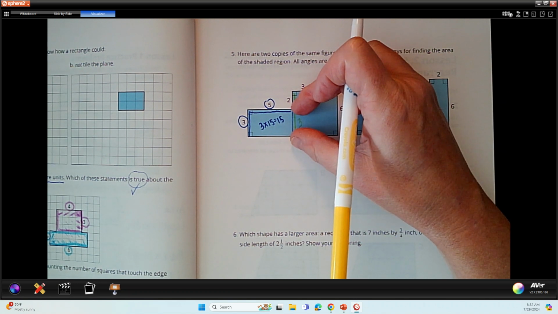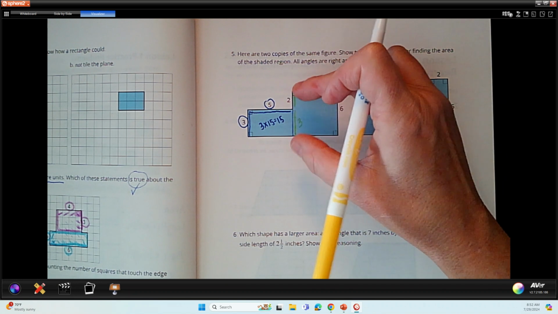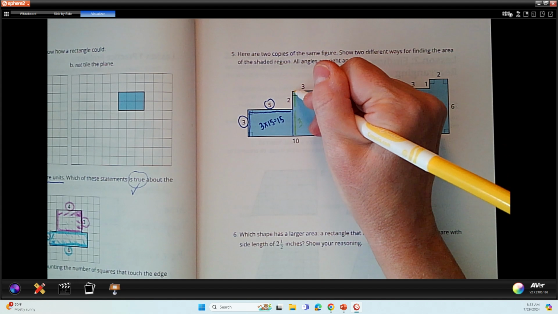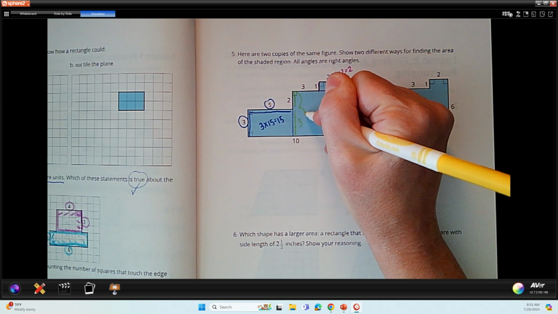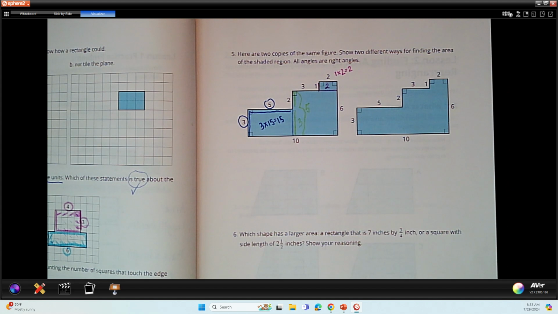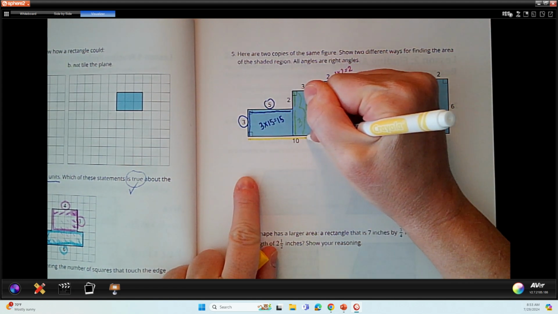I have a height of 3 and a height of 2, which means that this is a height of 5. So the whole entire thing here is 5. Okay? Now I need to know what the base is. Now look at the bottom. Remember, the whole base is 10.